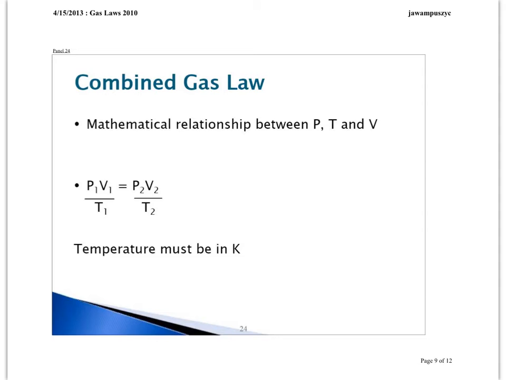Okay, so if temperature, for example, is being held constant, you can see that T1 and T2 are going to be the same. If we're not changing temperature, they're going to be the same, and those cross off, and you get P1V1 equals P2V2, which was an example of one of the laws. So we don't have to start with P1V1 equals P2V2. We can always start with the combined law and then just cross off whatever we're holding constant.